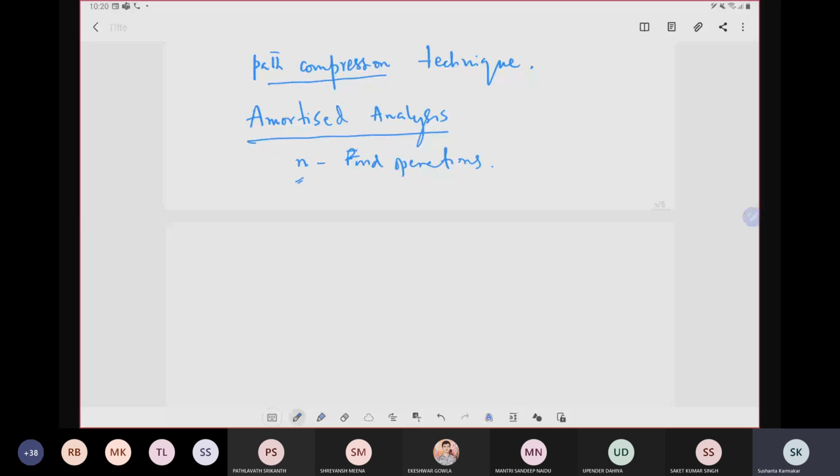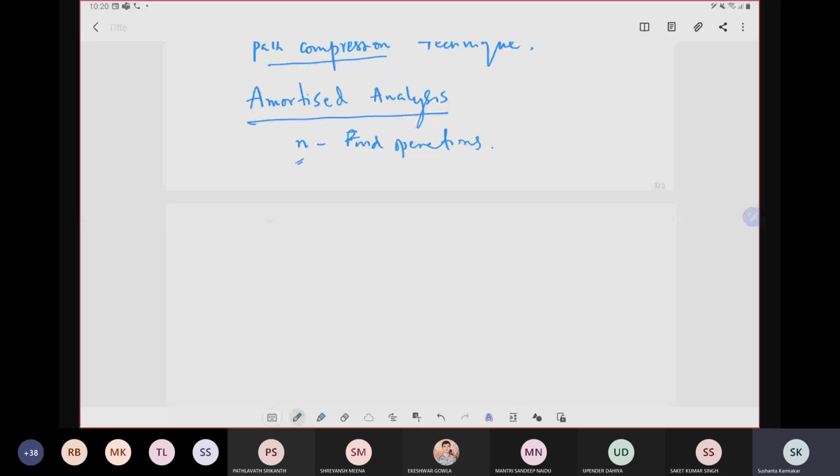Let us number the find operations: the first, second find, and so on up to the nth find operation. You really do not know how much time each of these find operations is going to take, because it depends on the exact graph structure.